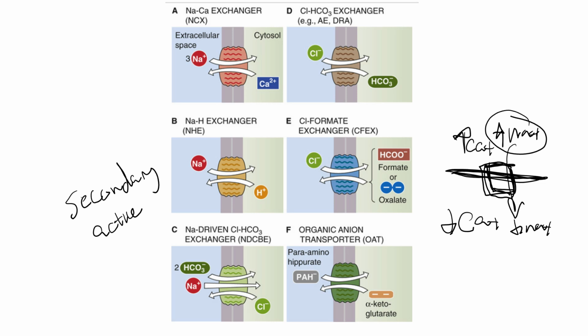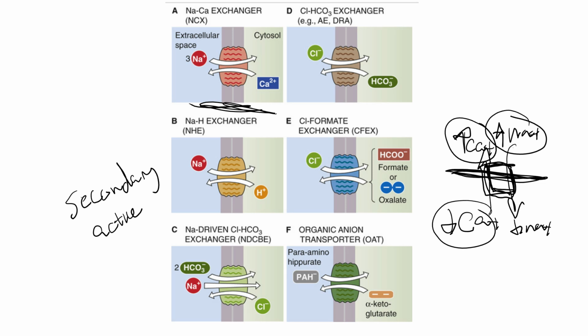What I'm showing you is calcium. We know calcium is high on the outside and low on the inside. So let's say that we want to kick calcium out. That's being depicted over here. If we want to kick calcium out, we want to move it from a low to a high concentration. We're going to need energy in order to do that. We're going to need some type of active transport. But this time we're not going to use ATP.